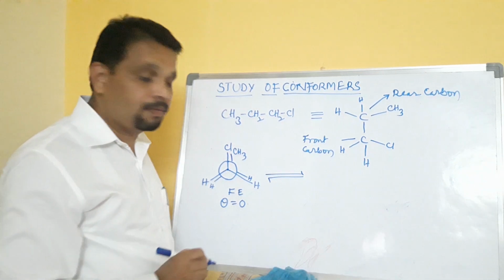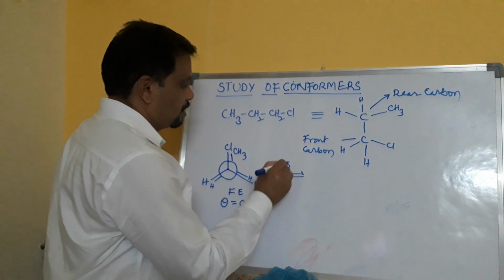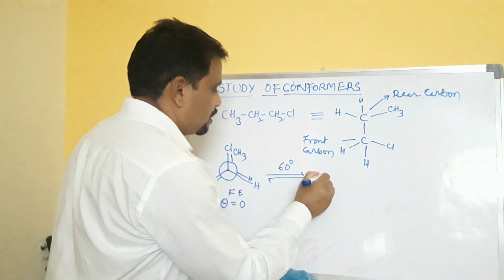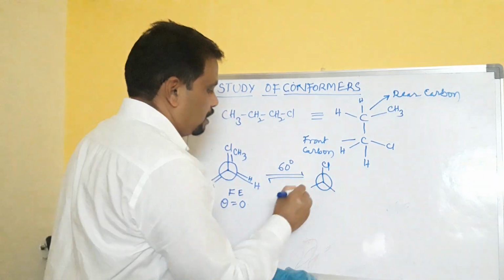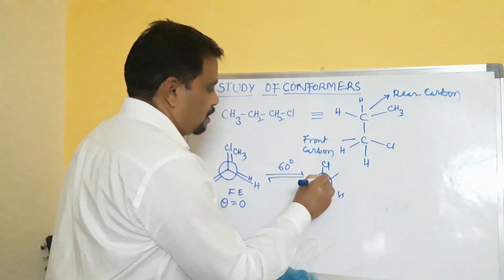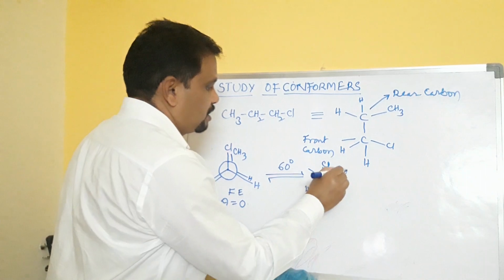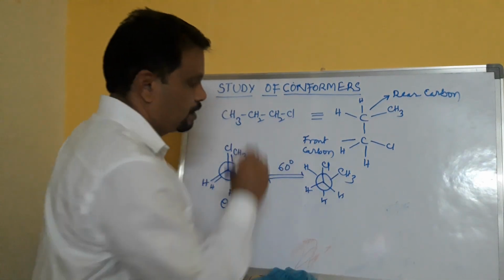about the C-C single bond, you will get another possible conformer: chlorine, hydrogen, hydrogen, and hydrogen, CH3, and hydrogen.